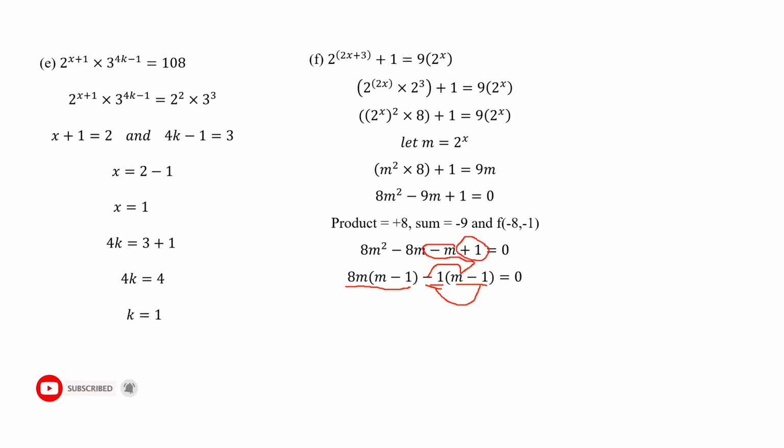That is why we are saying here that it's a negative 1, which is the factor. Then on the next step, we see that this bracket and that bracket are the same. We are going to factorize further. So the 8m minus 1.